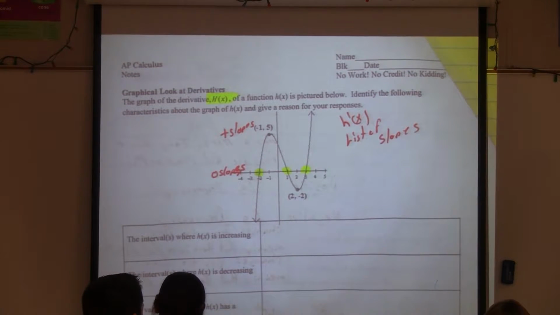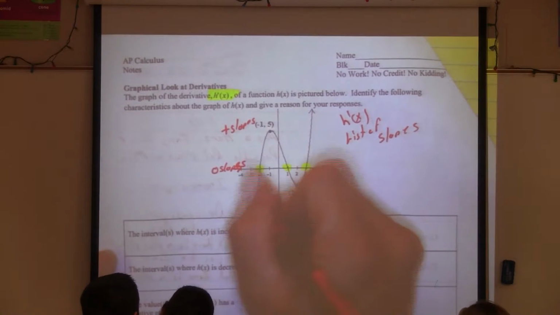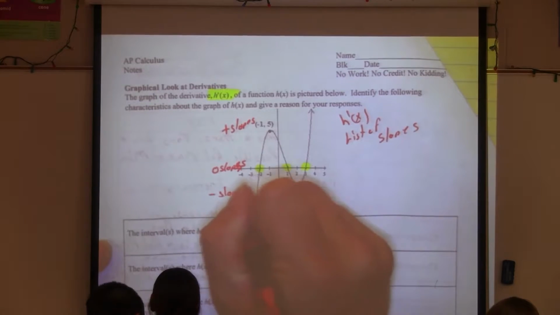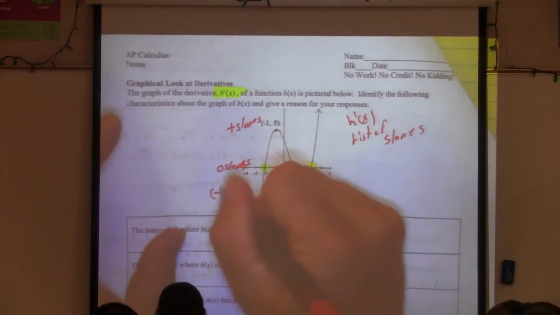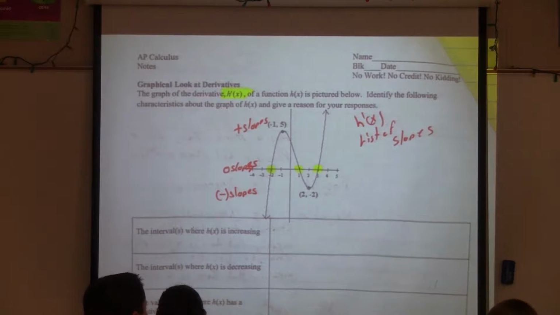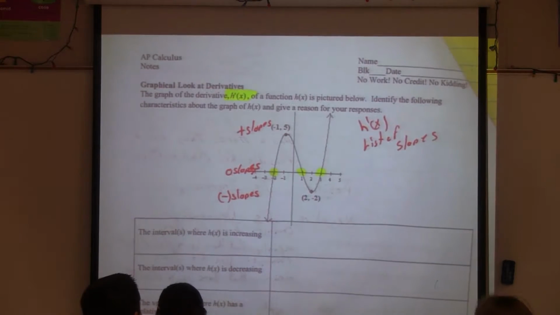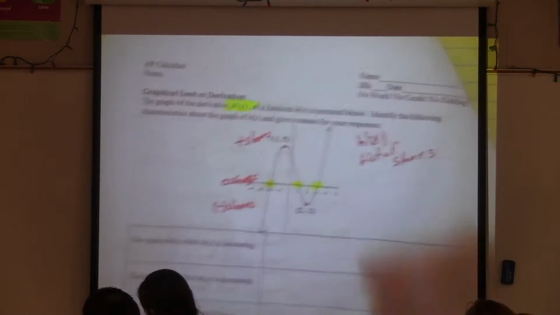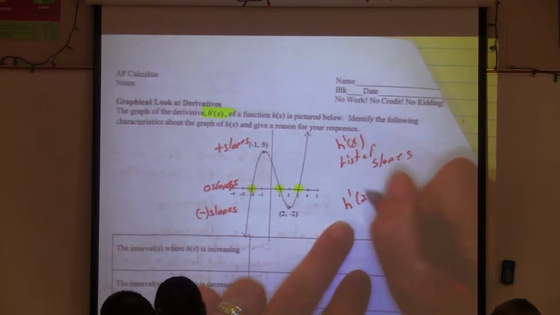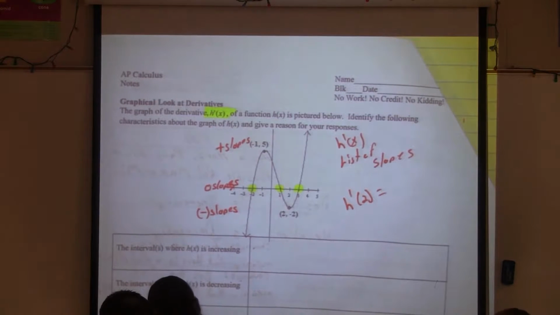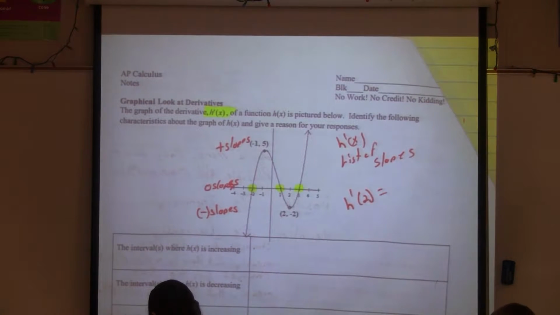Yes? So it's going to get interesting, okay? How about down here? What kind of slopes are these? Negative slopes. Good? So we got positive slopes, 0 slopes, and negative slopes. Awesome. Alright, could you tell me what h prime of 2 is? -2?